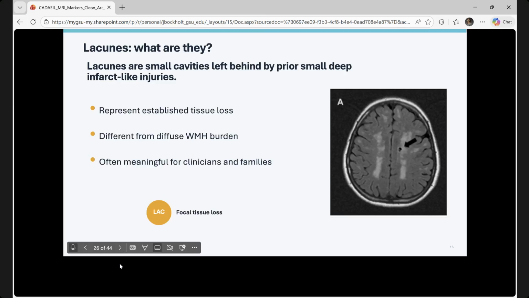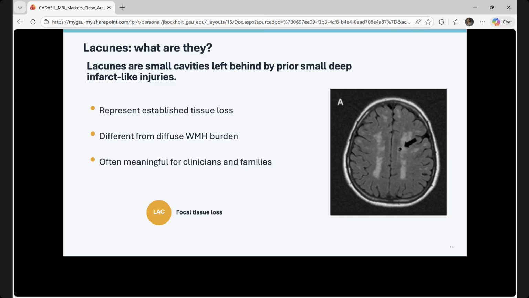So the next white matter finding that we are tracking are lacunes. And lacunes are small cavities left behind by a prior small stroke or infarct, and they are visually apparent in that they're sort of like a small black hole.